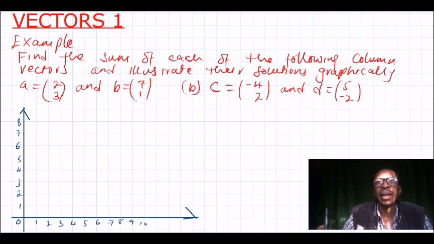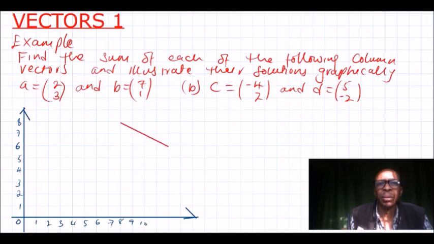So we come and say (-4, 2). We can start from anywhere. Let's use this color. We have 1, 2, 3, 4, those are 4, and 2 to the positive side, 1, 2.